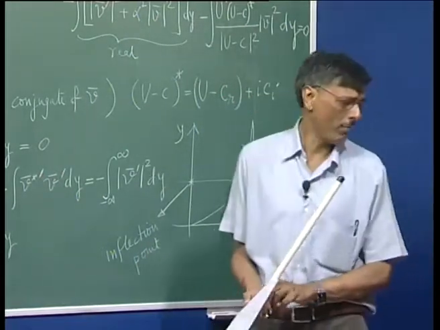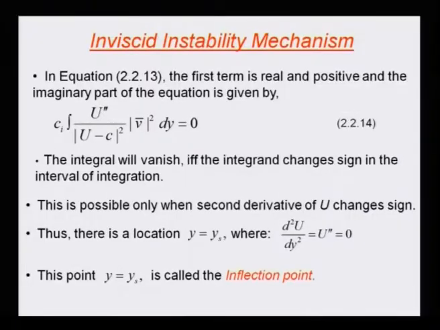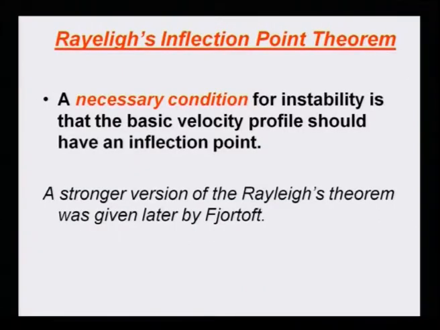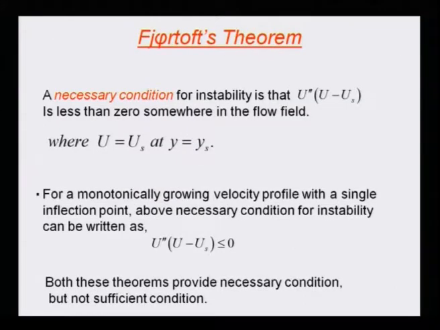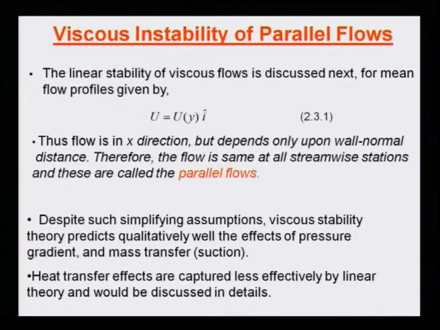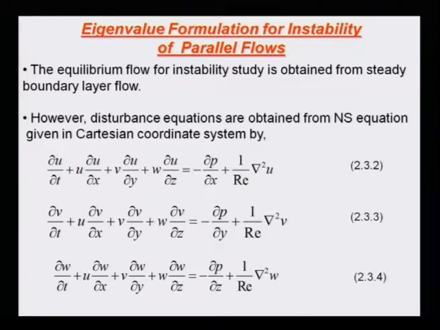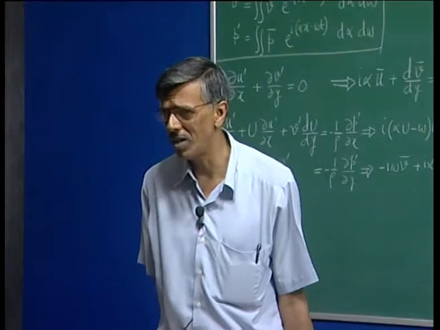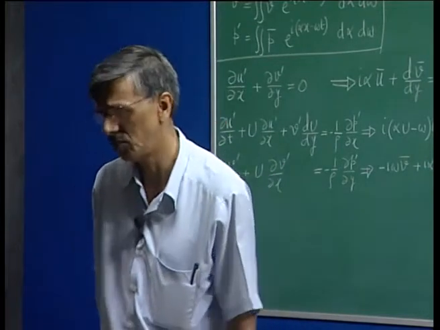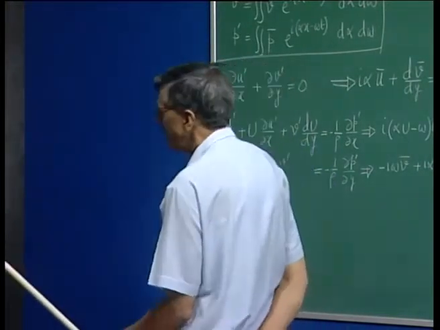So, what happens is that this allowed Rayleigh to draw a very far reaching conclusion, which he enunciated as a theorem, which is called Rayleigh's inflection point theorem, which states a very simple observation that we have discussed so far: that if I want to get an unstable solution, that means Ci non-zero, then what do I need?